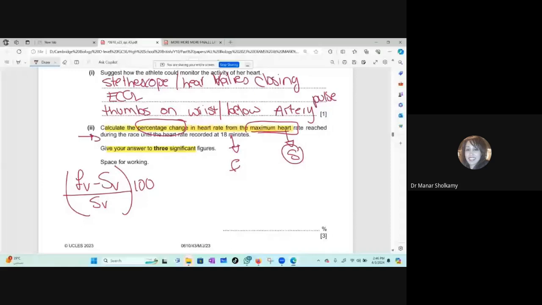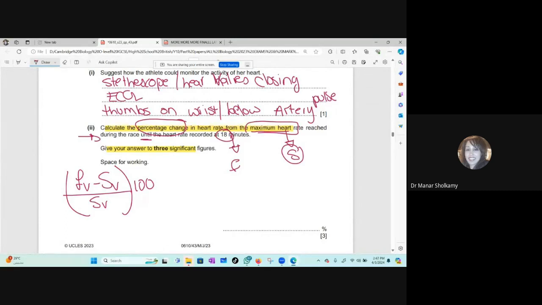Read the question carefully. When they say from the maximum heart rate, is that the starting or the final? From means starting. So the maximum heart rate is the starting value. Until, so this will be the final: the heart rate reached at 18 minutes.